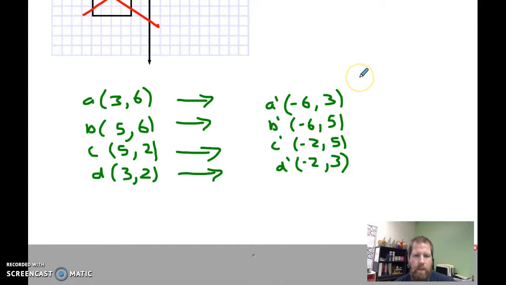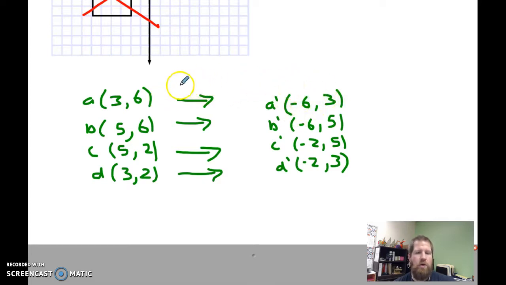Okay? Now, a reflection does not swap the x and y coordinate. So if I have a 6 over here for my y value, I should expect to have a 6 over here for my x value, or a negative 6. Because I don't have that, I know this is not going to be a reflection.